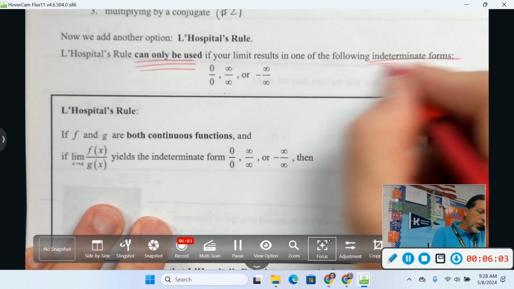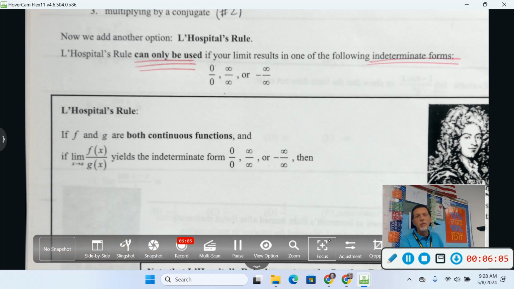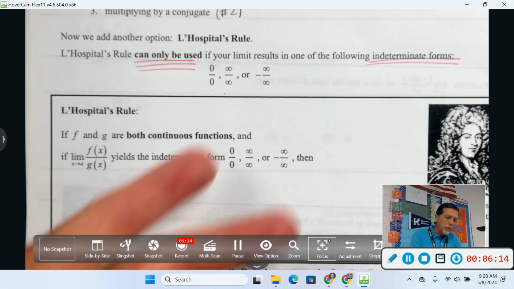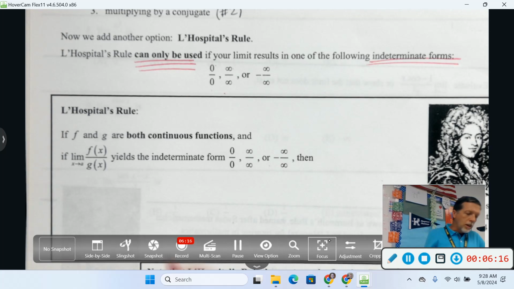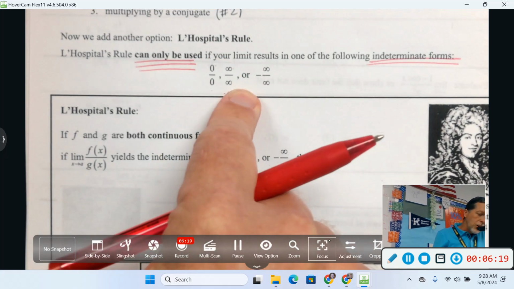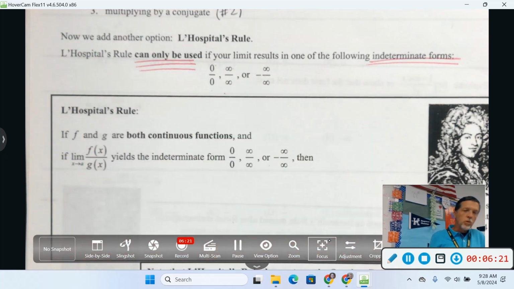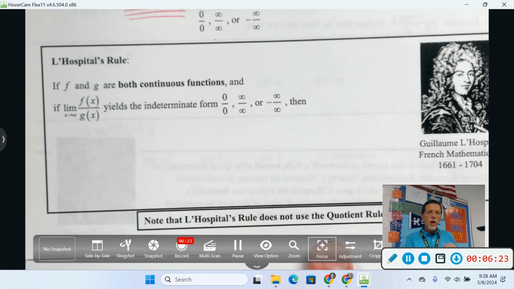Those are called indeterminate, meaning we don't really know what 0 over 0 is equal to. Sometimes it's 0, sometimes it's undefined, sometimes it's infinity, sometimes it's 3, we don't know. So if you substitute and you get one of those, then you can use L'Hopital's rule.